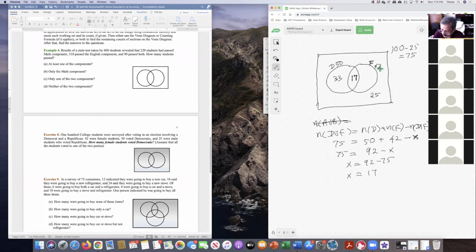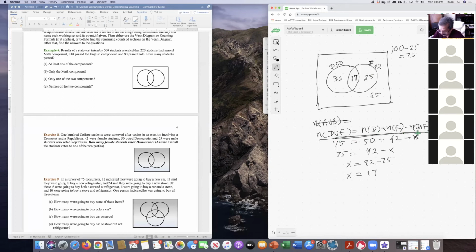And 42 minus 17, 25, for the right side of F. And so once you get that, you can answer all the questions. Now, I said this is one way, applying this. We kind of had to apply this because we had the entire D available, the entire F available, and the union available, but we didn't know the intersection. So we applied this formula to get the intersection.